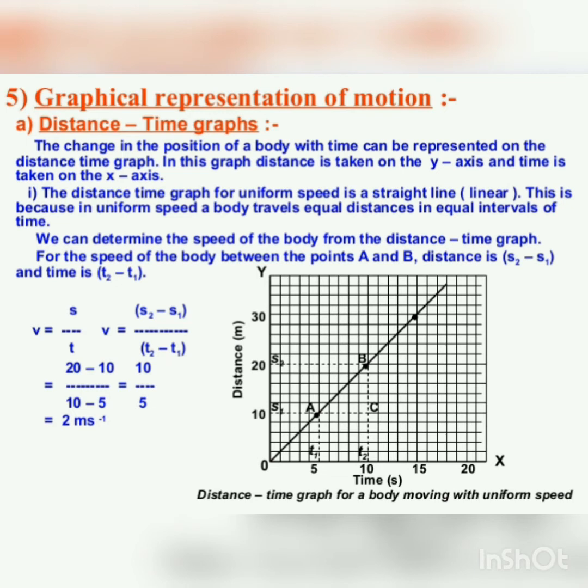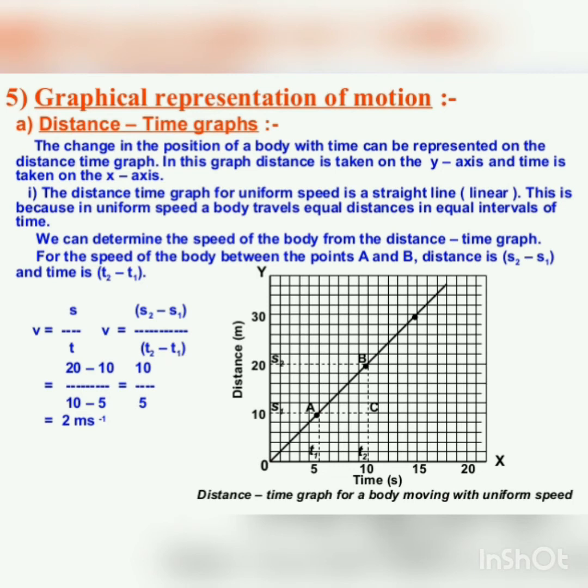So the equation is V is equal to S upon T, nothing but V is equal to S2 minus S1 divided by T2 minus T1. So you can substitute the values of the given distance and time, so you'll get the velocity. So this is the distance time graph.